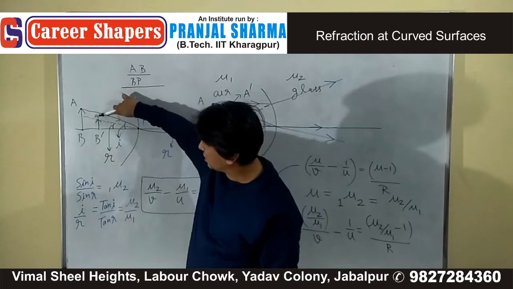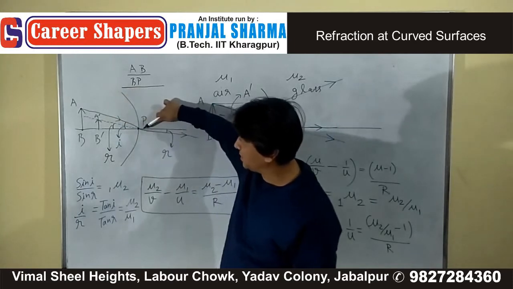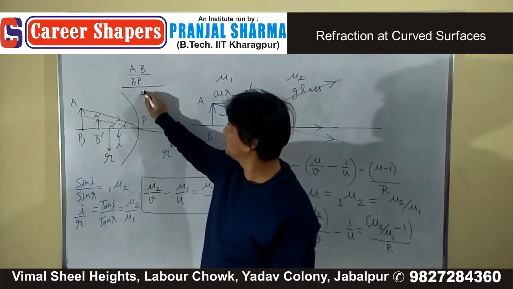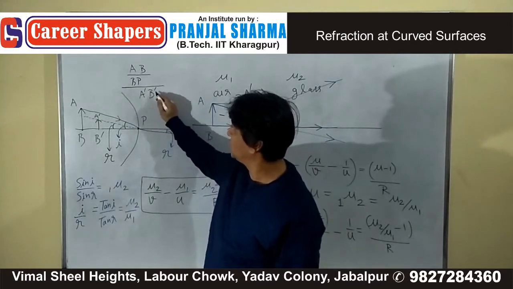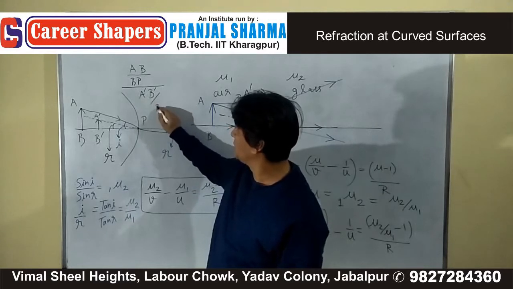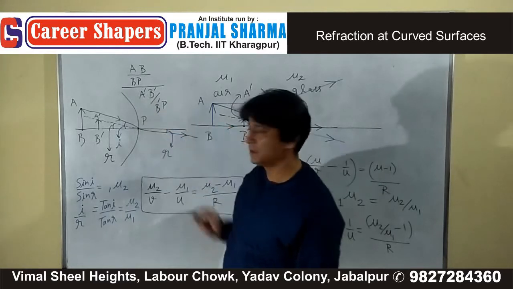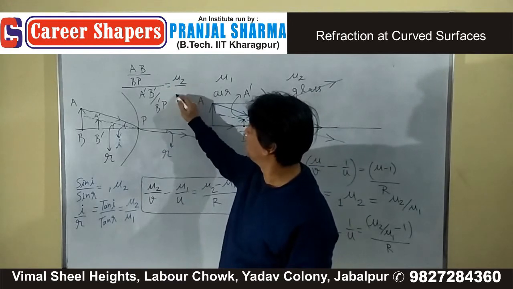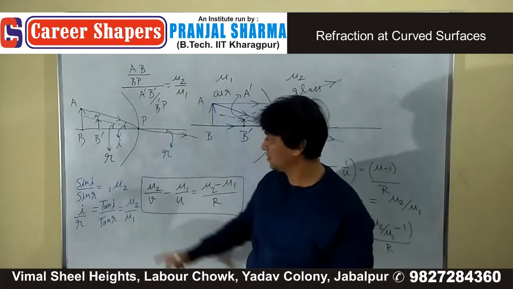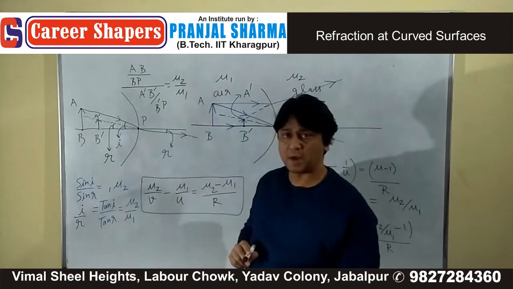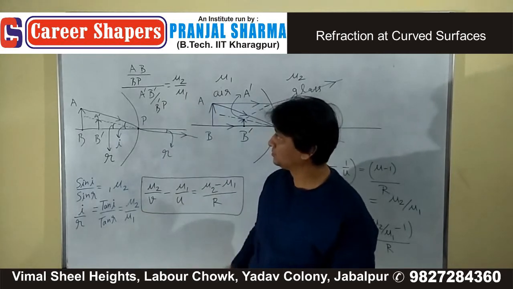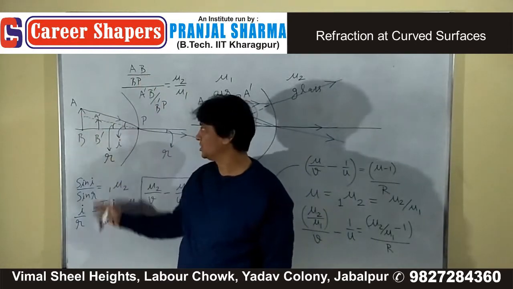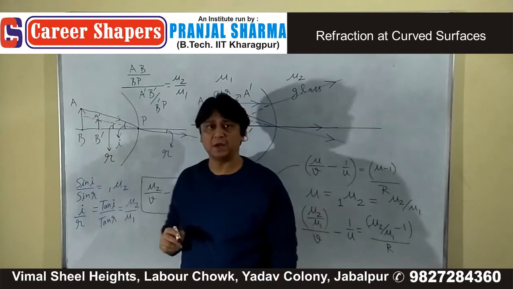Look at this perpendicular, A dash B dash, divided by the base, which is B dash P. So this becomes A dash B dash divided by B dash P. And this is mu2 divided by mu1.